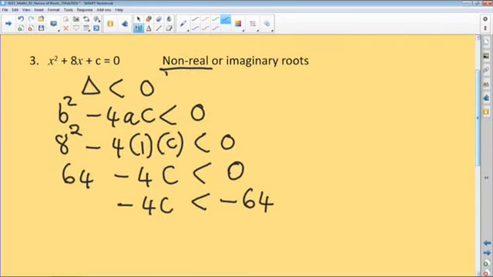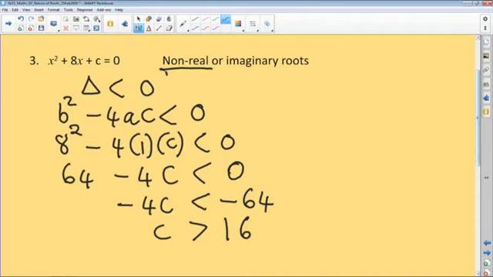Then you divide by negative 4 throughout, c should be greater than, now what is 64 divided by 4? It's 20, no, sorry, that's 1, and then you've got 24, 6, 12, 18, 24, so you get 16 there.